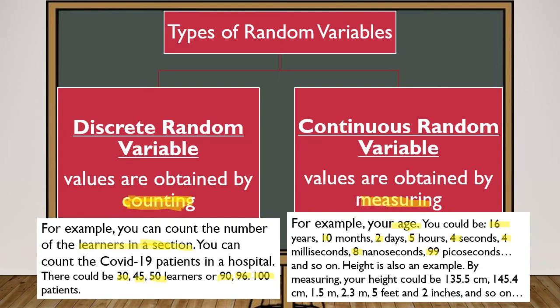Another one is height. Of course, you cannot count your height, but you can measure your height. And your height could be 135 and 5/10 centimeters, 145 and 4/10 centimeters, 1 and 5/10 meters, 2 and 3/10 meters, 5 feet and 2 inches, and so on. So observe that the values of height can take not just whole numbers but numbers between two whole numbers.